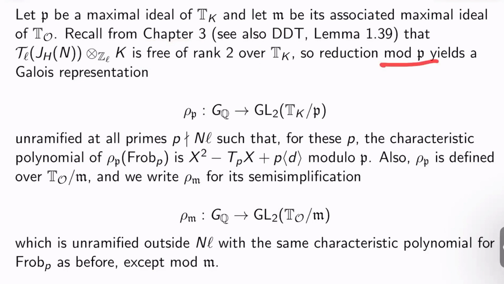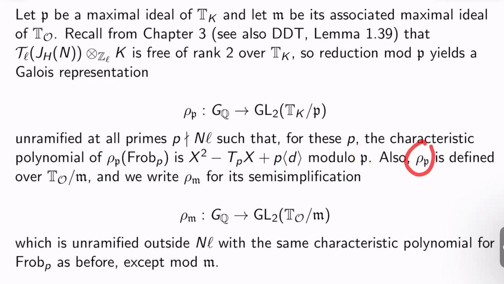So reduction mod P yields a Galois representation, which we'll call rho_P, from G_Q to GL2 of T_K mod P, which is unramified at all primes p not dividing NL, such that for these p, the characteristic polynomial of the representation evaluated at Frob_p is x squared minus T_p x plus p times diamond of d modulo P.